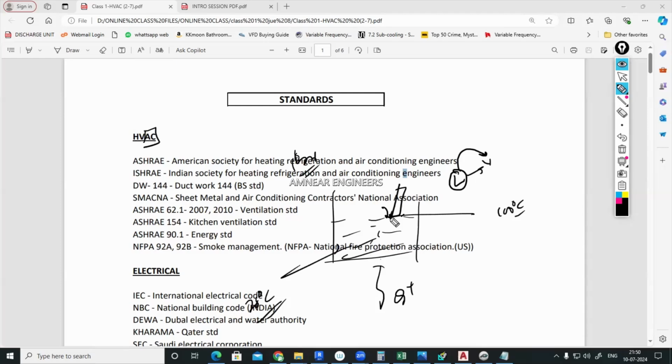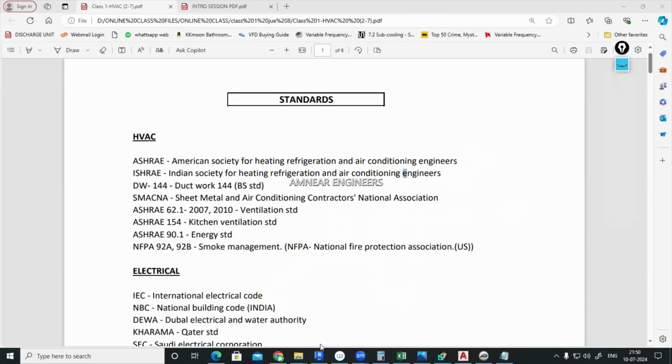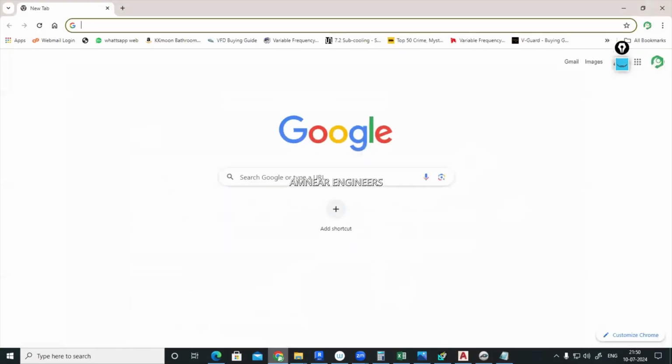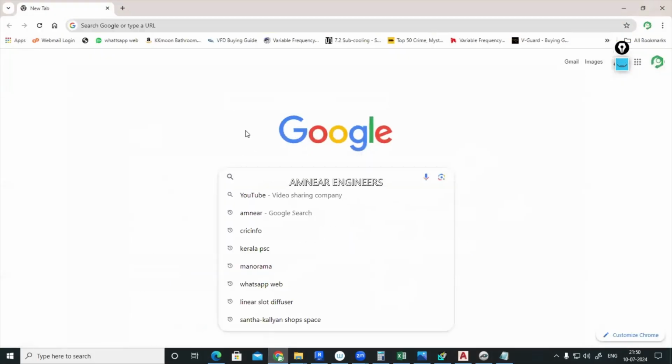The water molecules will be absorbing the latent heat of evaporation from your body only. So your body will be losing the heat, your body cools. That's why all kinds of evaporation in the background will produce a cooling effect. That's why we use this evaporative cooling technology in a lot of places. For example, in a chilled water system, we are having a cooling tower. It's an evaporative cooling technology only.